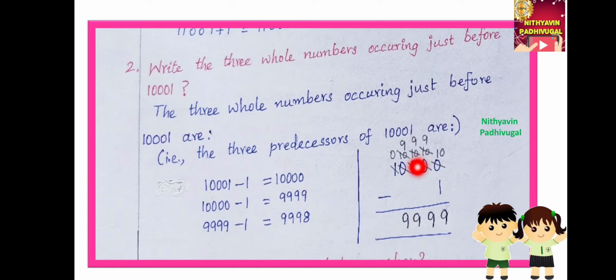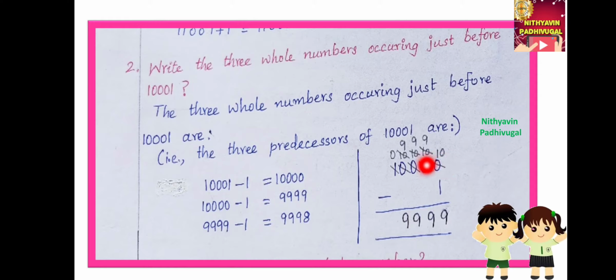So the 10 in the hundreds place has become 9, and the 0 in the tens place has become 10. From this 10, we are lending 1 ten to the 0 ones, so we are getting 10 ones. From 10 tens, we have lent 1 ten to the 0 ones.